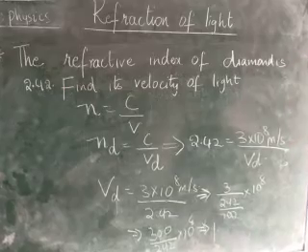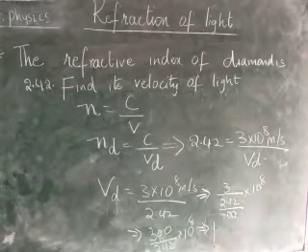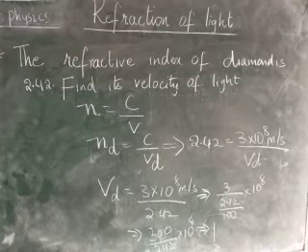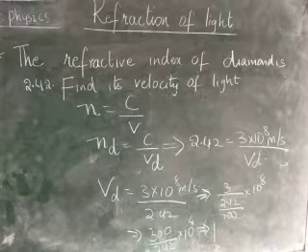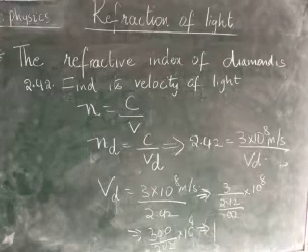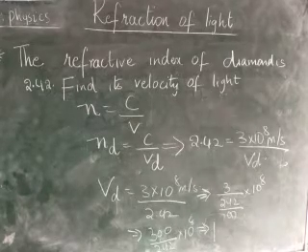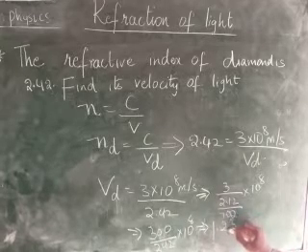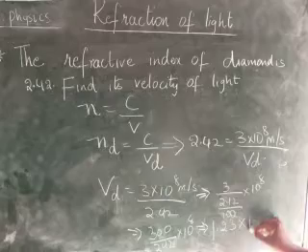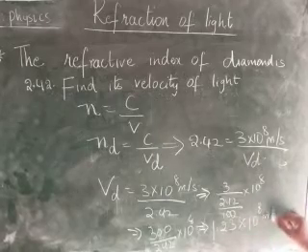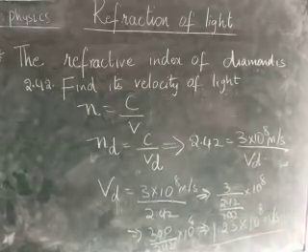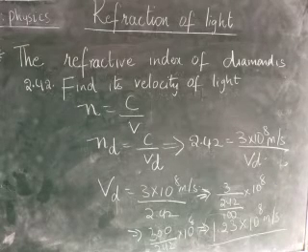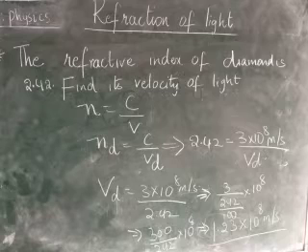Here, children, 300 by 242, when we calculate, we get 1.23 into 10 to the power of 8 meter per second. Therefore, the velocity of light in diamond is 1.23 into 10 to the power of 8 meter per second, children.